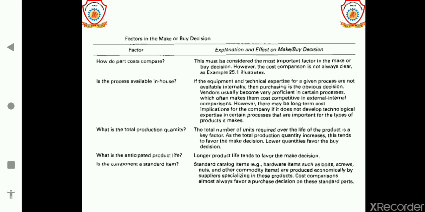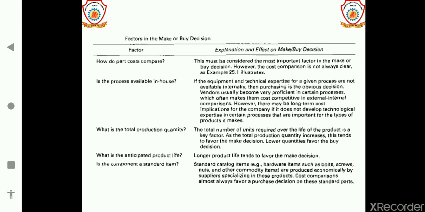This is an important question. What is the total production quantity? This is another important question. If the production quantity is beyond the capacity of our plant, then we should preferably choose the buying decision.